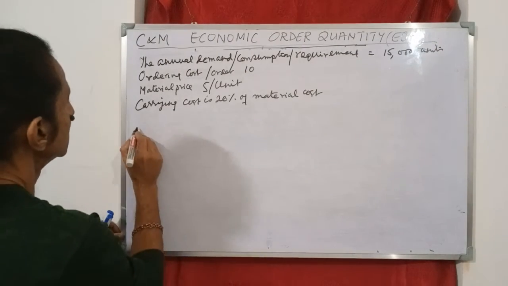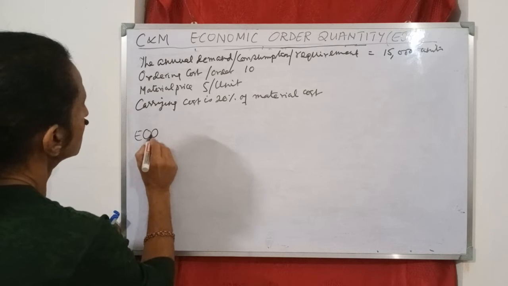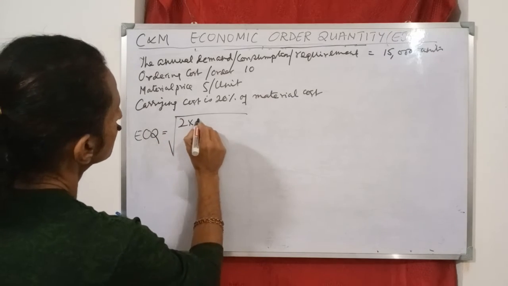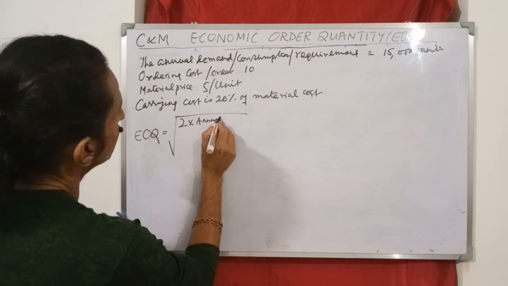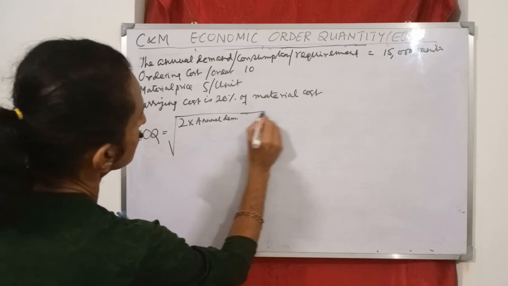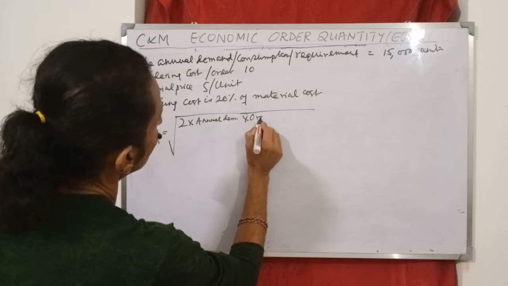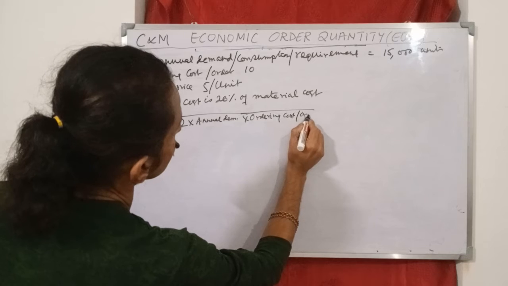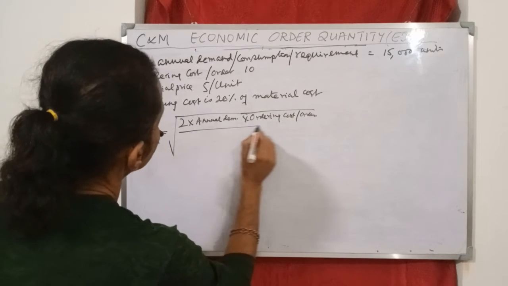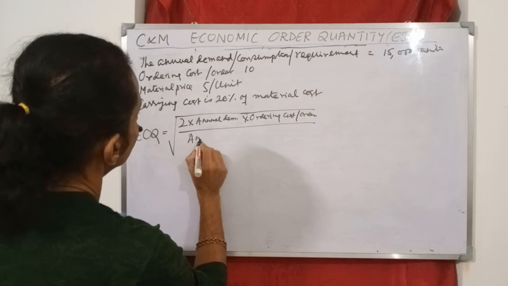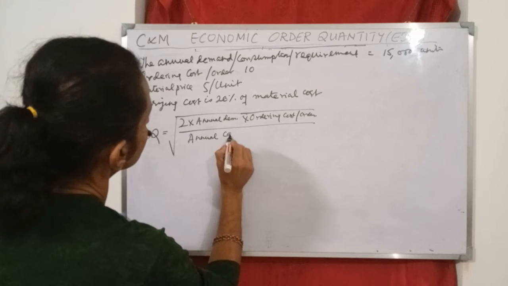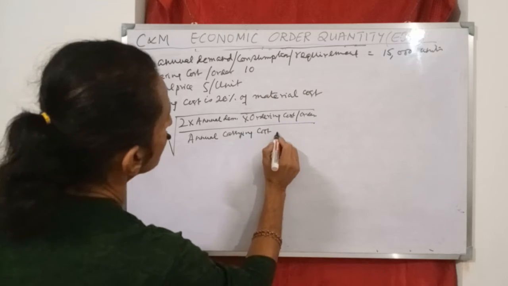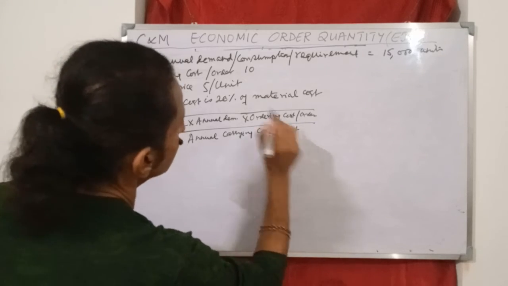So EOQ is equal to the square root of 2 into annual demand into ordering cost per order divided by annual carrying cost per unit.